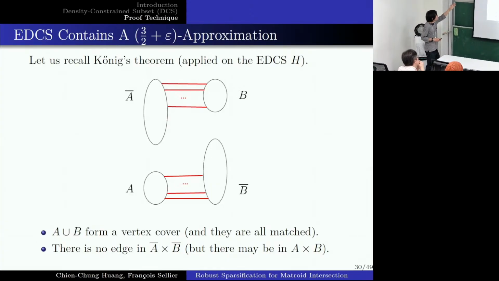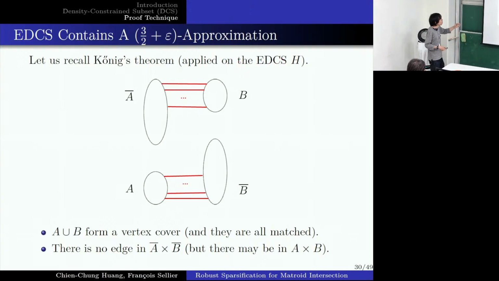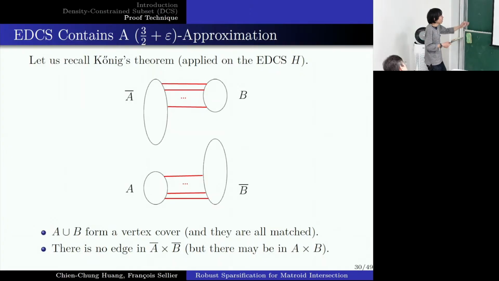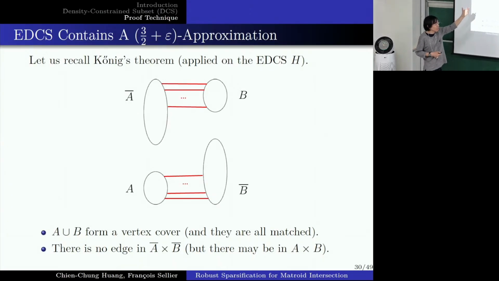So let's go back to the EDCS, the graph matrix. I have a sparsifier. So remember, this H is the subgraph. And I suppose everyone here knows the definition of Kőnig's theorem. If I talk about the matching, bipartite graph matching, this is such a theorem which says that look at the largest matching in H. Based on this matching, you can create a decomposition of the vertices.